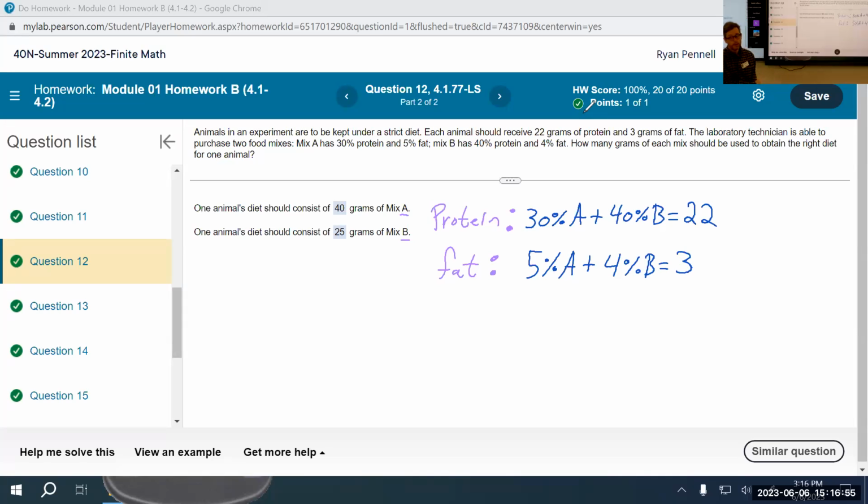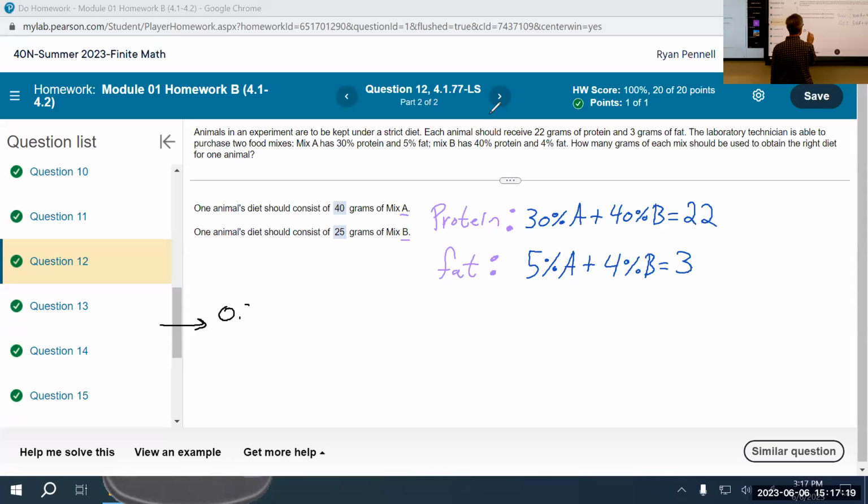So many choices with algebra. We can convert these to percents, or we could graph them, or we could use an elimination method, or we could use substitution method. But let me at least write what we have so far.